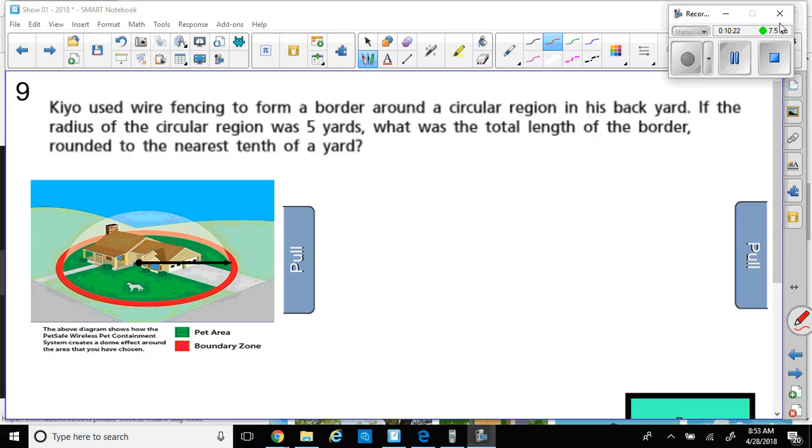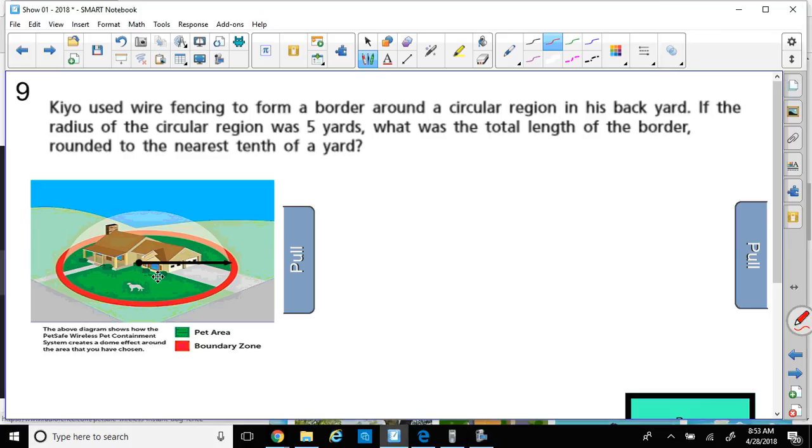There's a radius, and it goes from the center of the home to the edge of the round border there. So we want to know the total length of this distance around this fencing around the home. So the radius is 5.